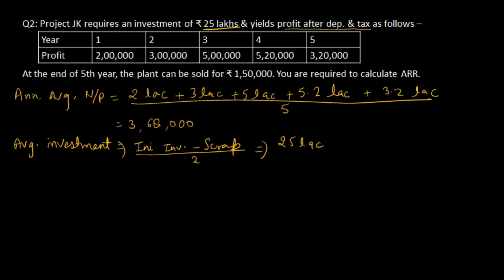The scrap value is mentioned at the end: if we sell the plant at the end of 5 years, it still gives us 1,50,000. So we subtract that 1,50,000 and divide by 2. When you do this, you will get 11,75,000.